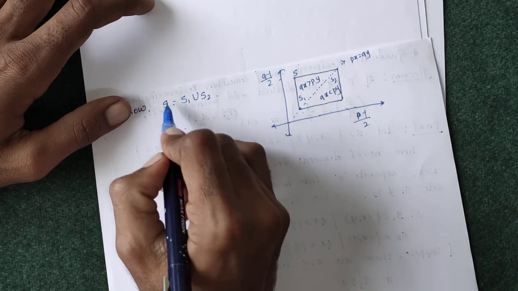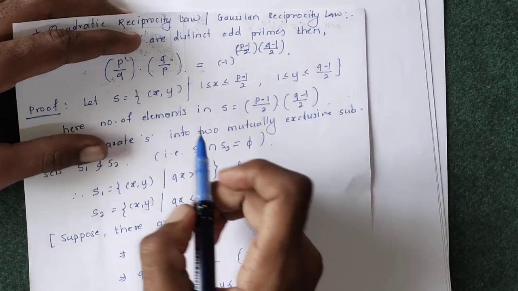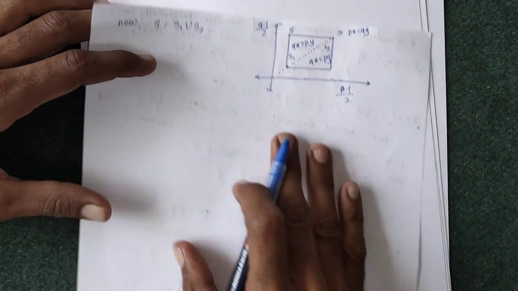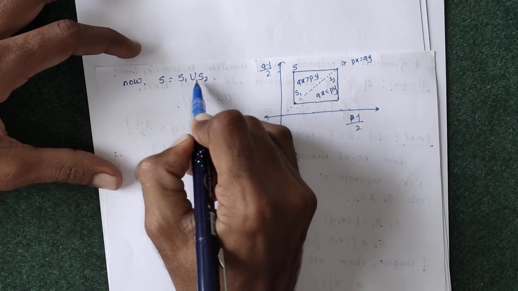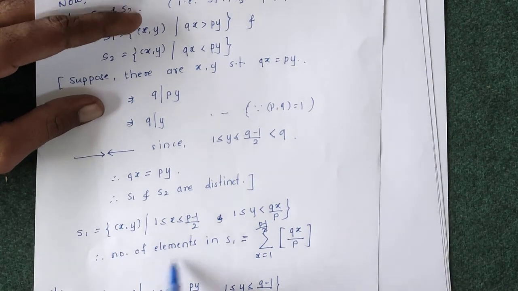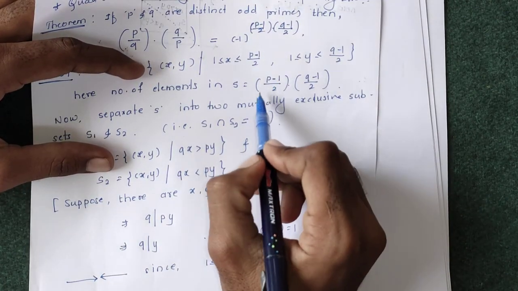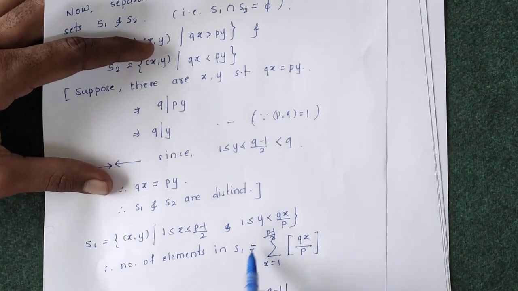The total number of elements in S is (p-1)/2 times (q-1)/2, so that must equal the number of elements in S1 plus the number in S2, which we have found. So we can write the multiplication of (p-1)/2 and (q-1)/2 equals this number plus this number.